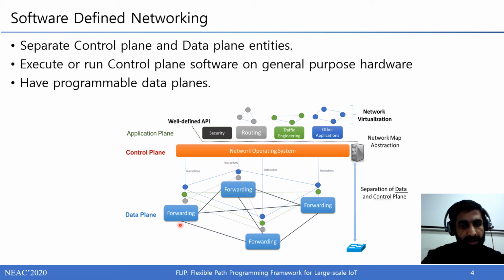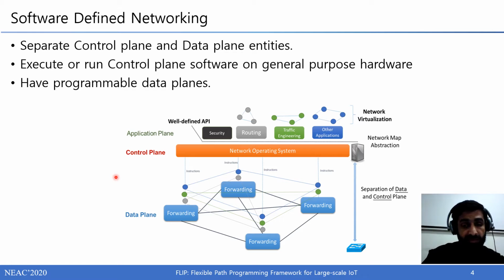But here in this diagram, you can see the network operating system is acting at the control plane and making all the decisions, while the devices in the data plane are just forwarding devices that receive instructions from the control plane and forward the packets as instructed. These days, we also have programmable data planes.